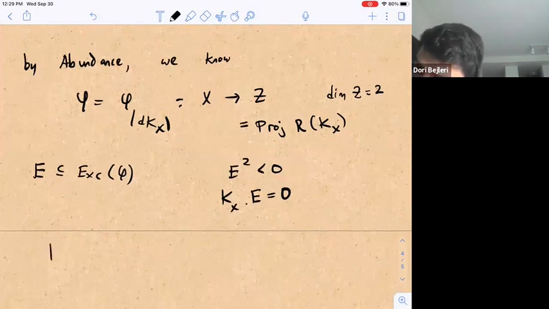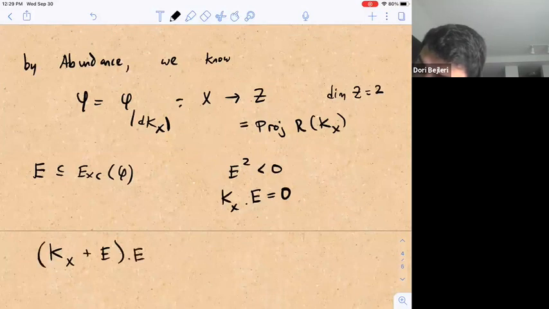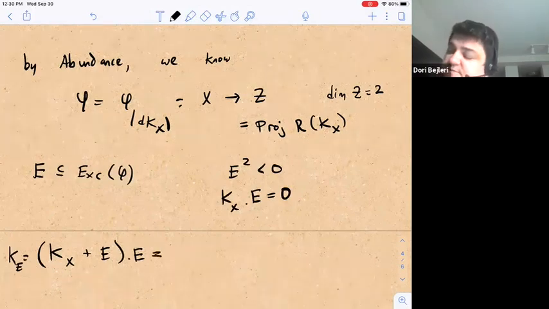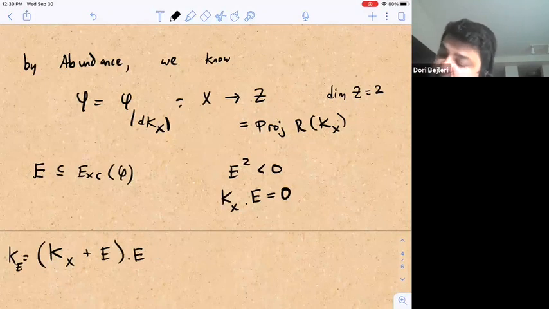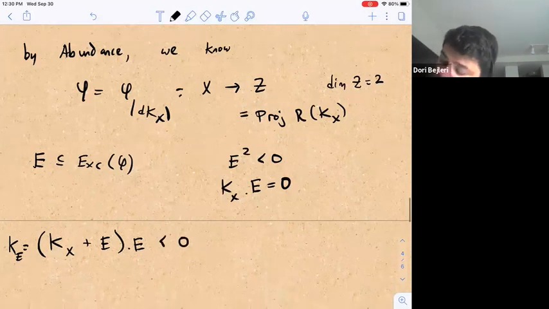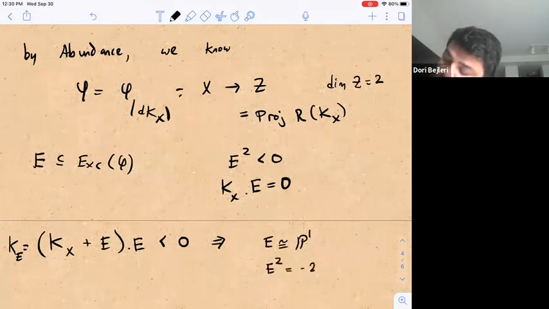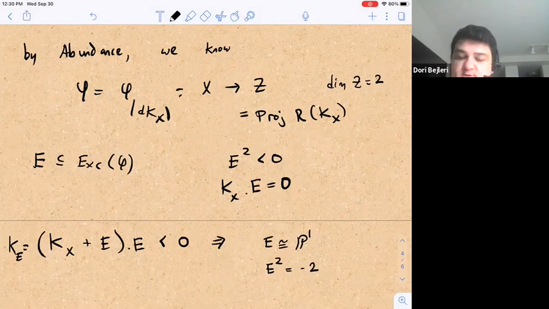So if we compute the canonical of E, well, the first term gives us 0, the second term gives us something negative, so the canonical of E is strictly negative. So if E is irreducible, that means it has to be P1. Which then means that E squared is minus 2. So this E has to be a minus 2 curve.